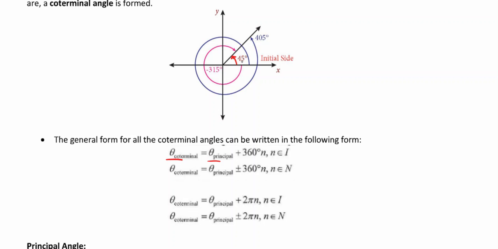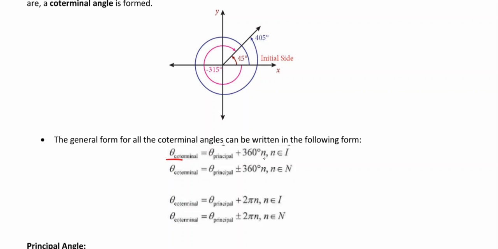It's like your initial angle, and it's always going to be the angle between 0 and 360 degrees, or 0 and 2 pi, which I'll get into in a second. That's our beginning, right? And then we're going to add 360 degrees times n, where n is an integer.